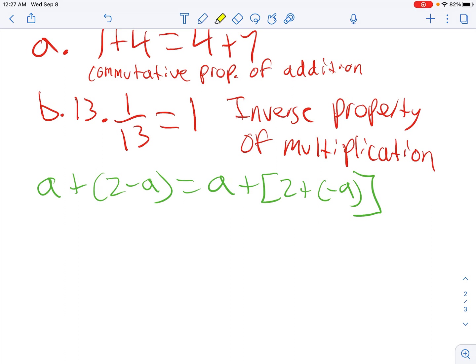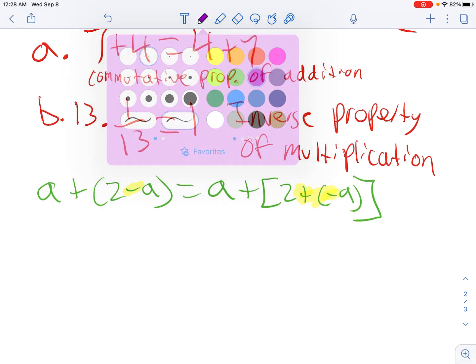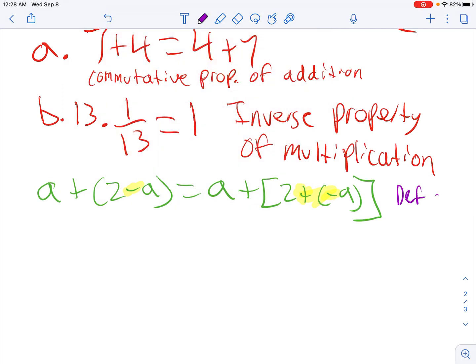All right, so this first one, what I'm doing is I'm really looking at the definition of subtraction, okay? Again, the definition of subtraction is adding the opposite. So let's just label this definition of subtraction.